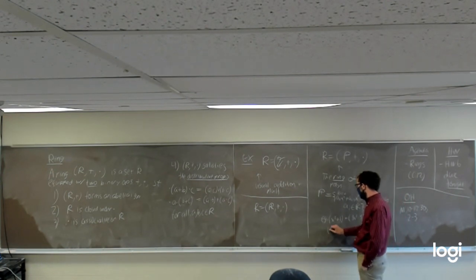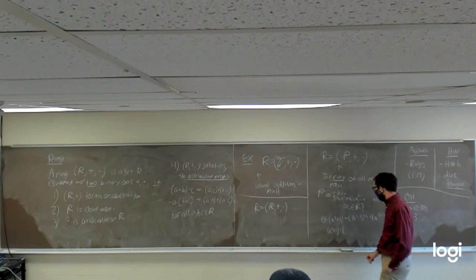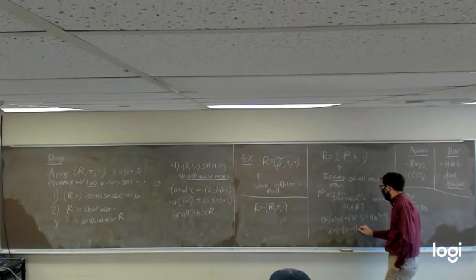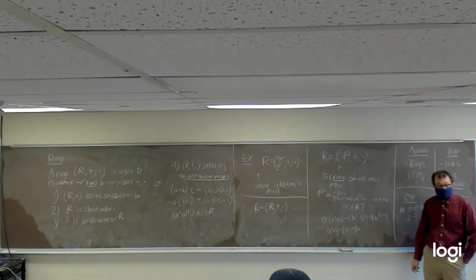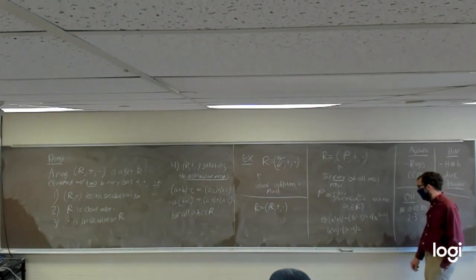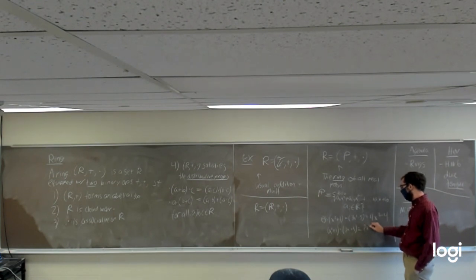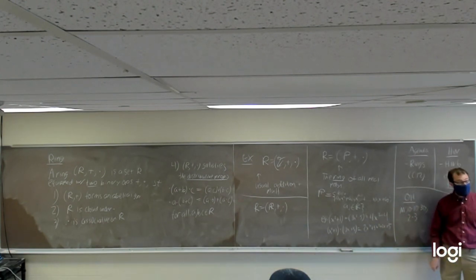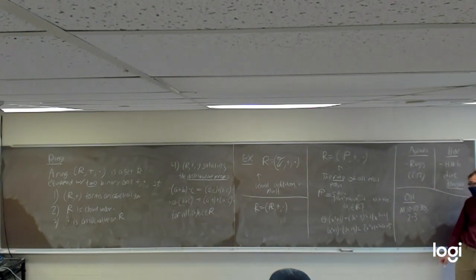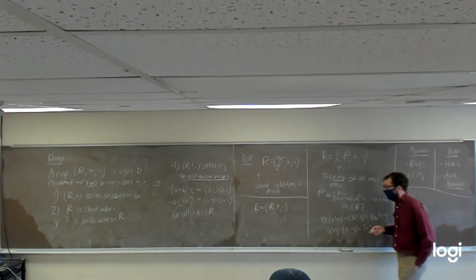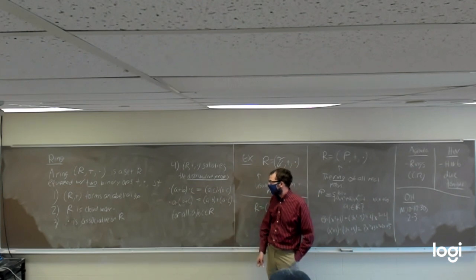Because we could take something like x squared plus 1 multiplied by, I don't know, 2x plus 5, and you would multiply the way you normally would, just kind of FOIL it out. So you would end up with 2x cubed plus 5x squared plus 2x plus 5, I believe. But polynomial addition and multiplication kind of work out in this nice way that's going to give us a ring.